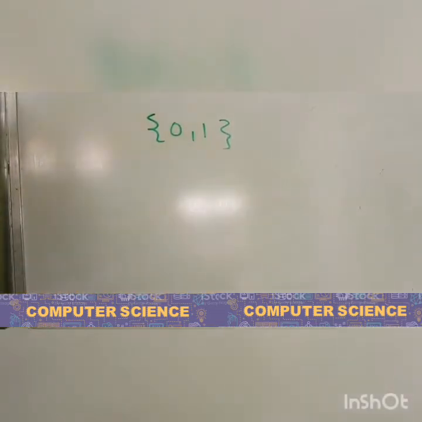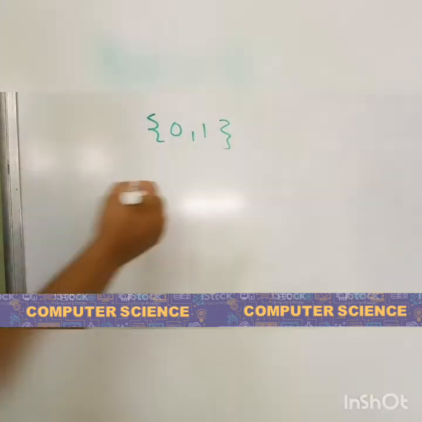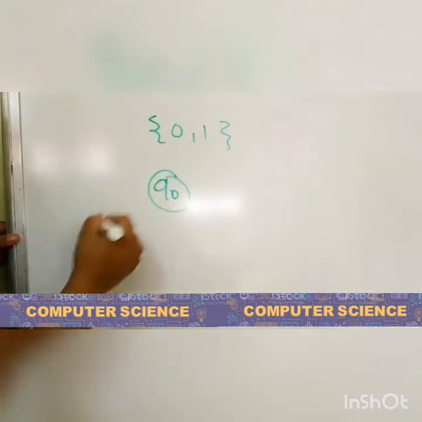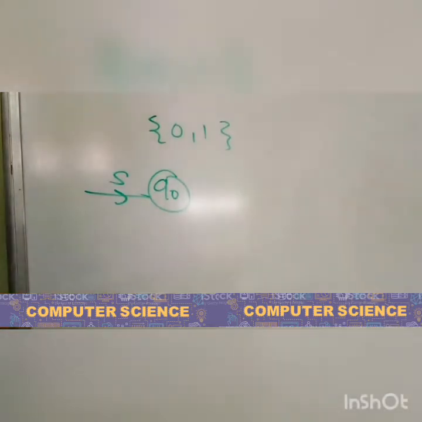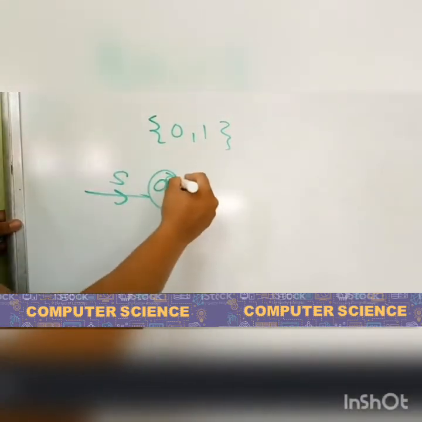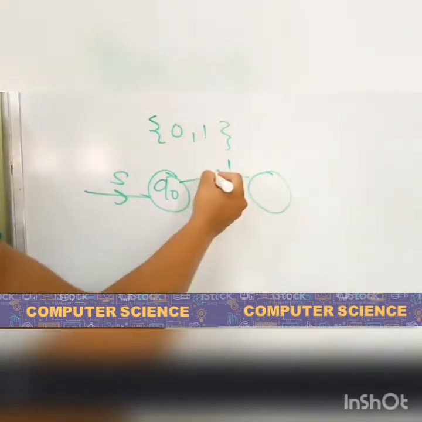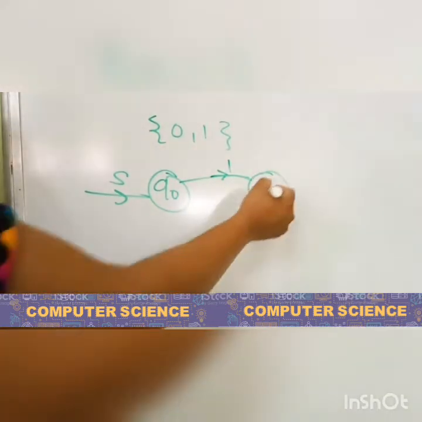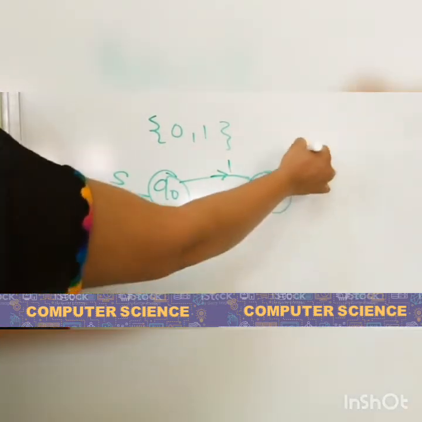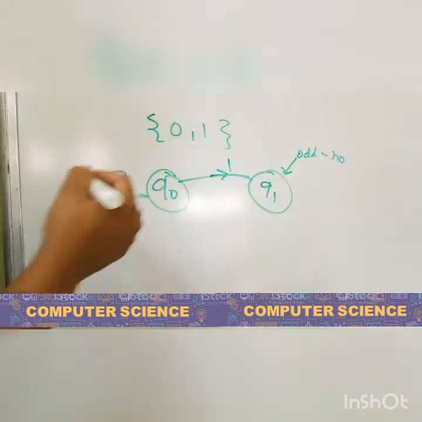In such a case, we will have to make two states, one for even and one for odd, and another for the error state. Suppose Q0 is a state in which any one input comes, either 0 or 1. If 1 comes, it will pass to the next state, and make that state the odd-position holding state.